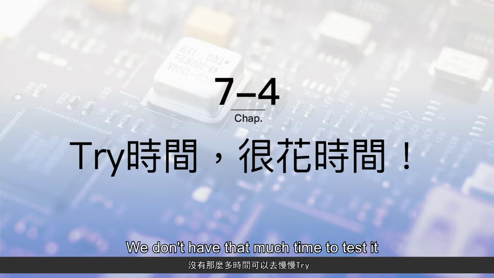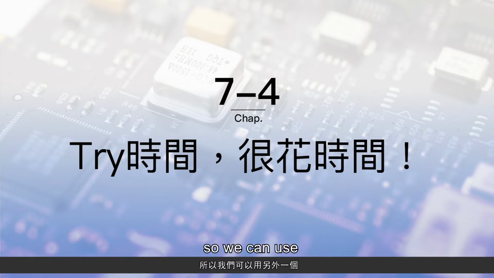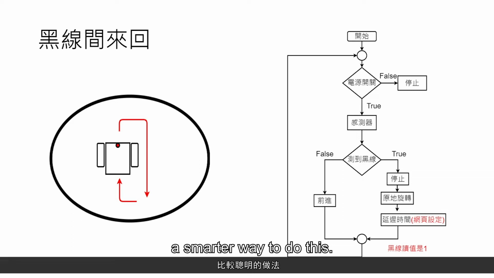We don't have that much time to test it, so we can use a smarter way to do this. We don't write a delay time setting inside the program. What should we do? We'll use the web browser to set this up. In previous classes, we learned about a slider, using a sliding bar to adjust our time, which can be faster. Let's see what we should do next.